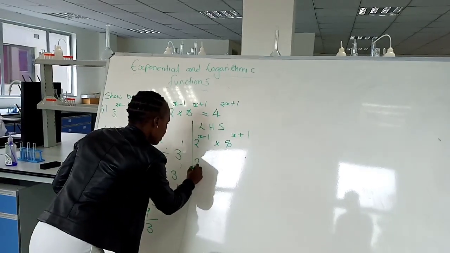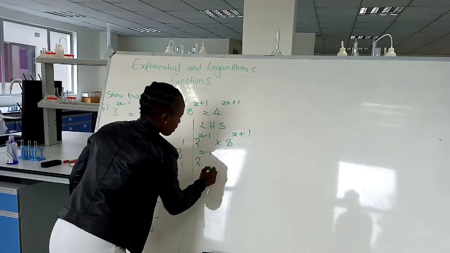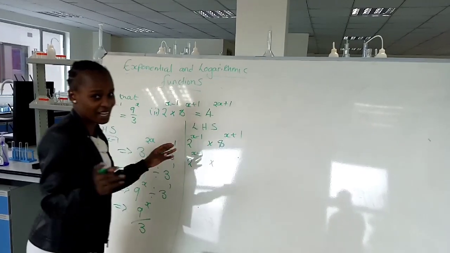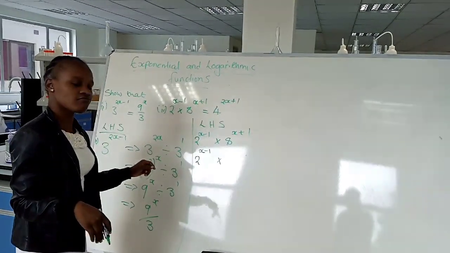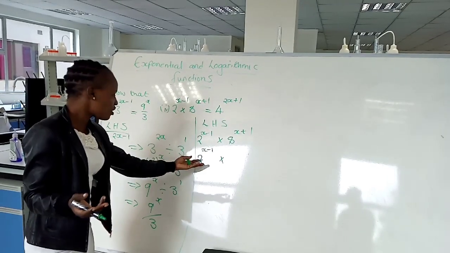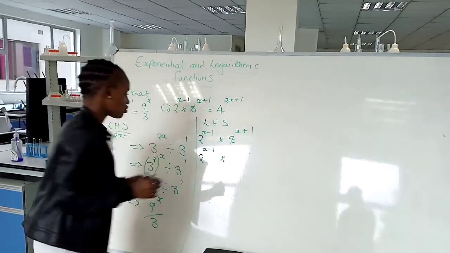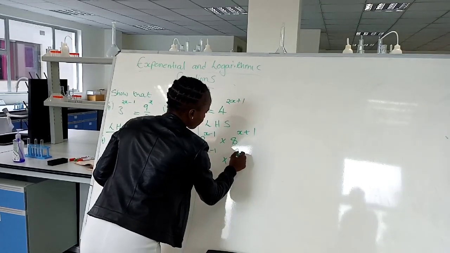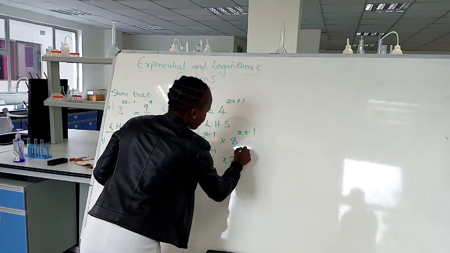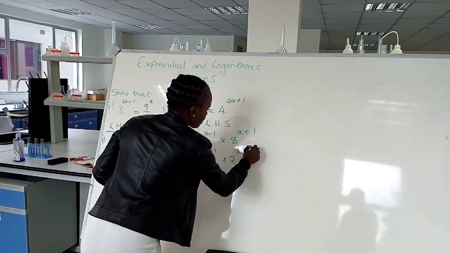We have 2 to the power x minus 1 multiplied by, when we look at 8, we can also change the base so that we simplify it to be of the same base of 2. So here we're going to have 2 raised to the power 3, and it's multiplying with x plus 1.